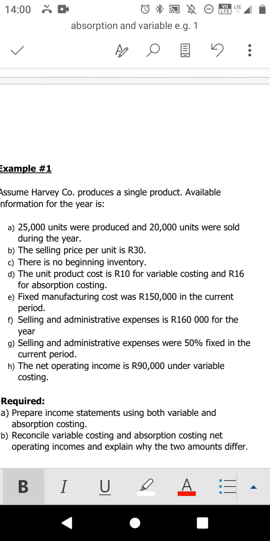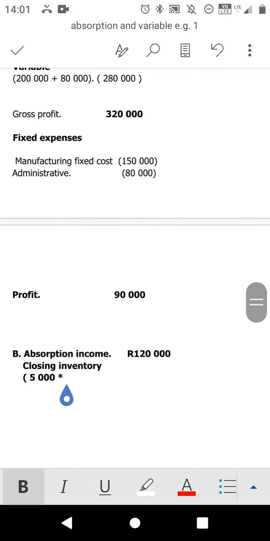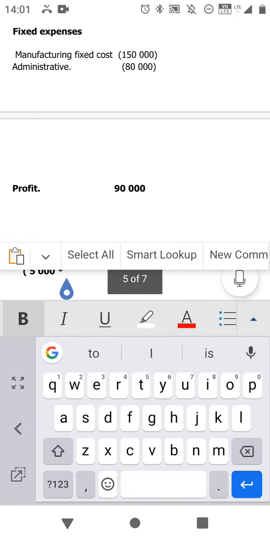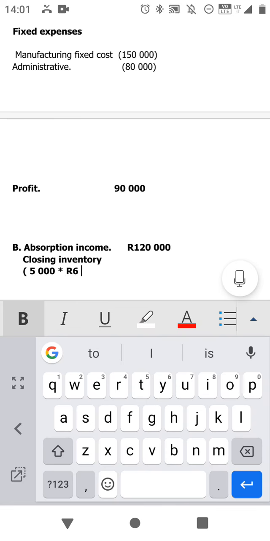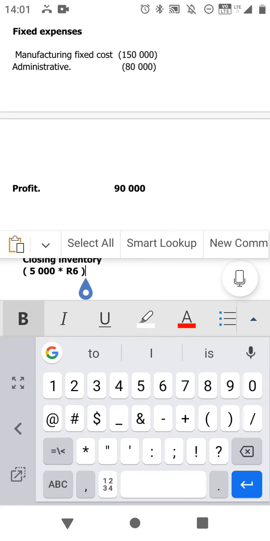So the difference between these two methods is 6 rand. Then 5,000 multiplied by 6 gives us 30,000.